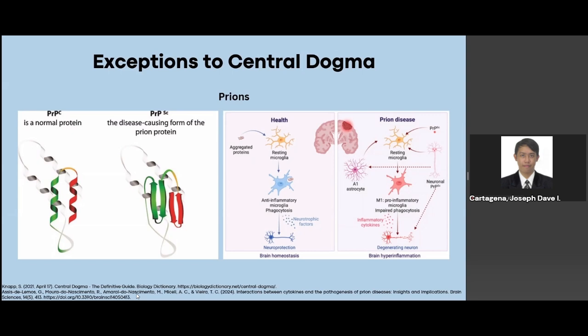This leads to diseases like Creutzfeldt-Jakob disease in humans, or mad cow disease in cattle. It is a radical concept, information being passed from one protein to another without involving any genes at all. Next slide, please.